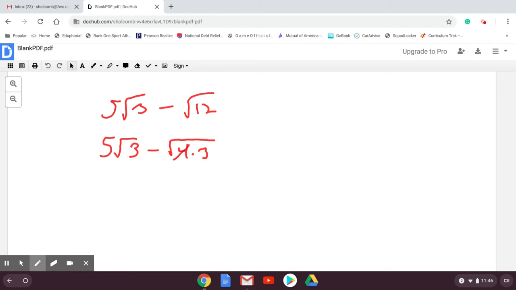So we're going to cross out that 4, and we're going to pull it out as a 2, and we now have 5 radical 3 minus 2 radical 3. Now we can see that my radicals are like radicals because we've simplified them, and we get 3 radical 3. So big little hint here, guys, before you add and subtract any square roots or radicals, always simplify first.